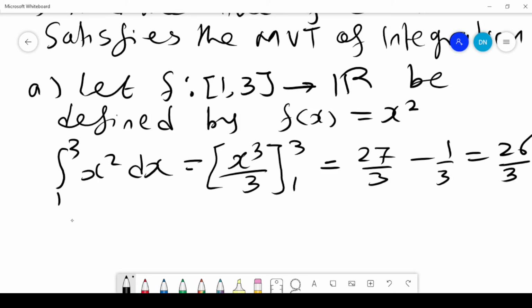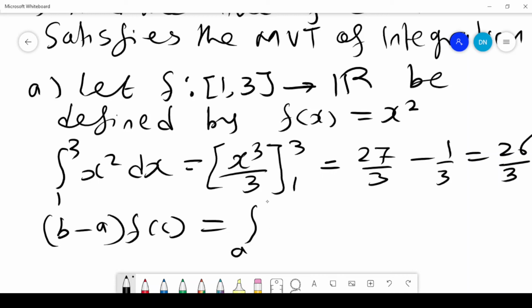We should have noted this: b minus a times f of c is equal to the integral from a to b of f of x dx. That is the standard definition for the MVT.